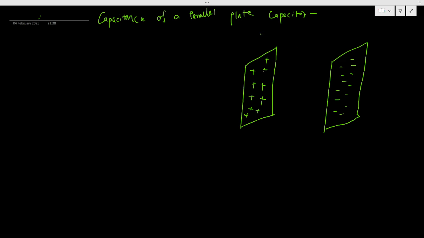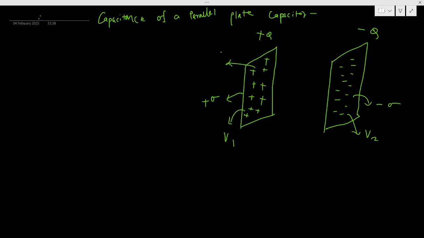Whenever we have two conductors with equal and opposite charges, that arrangement is called a capacitor. Now this plate has plus q charge and this plate has minus q charge. The potential on this plate is V1 and the potential on this plate is V2. Also we have surface charge density plus sigma, and here we have surface charge density minus sigma.